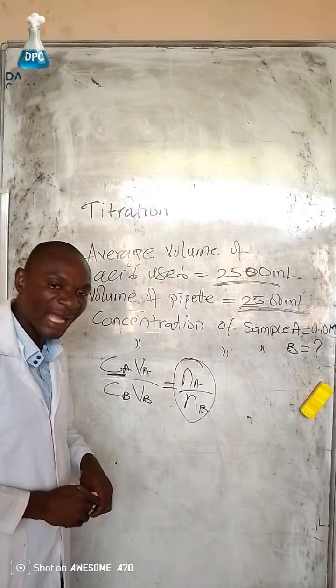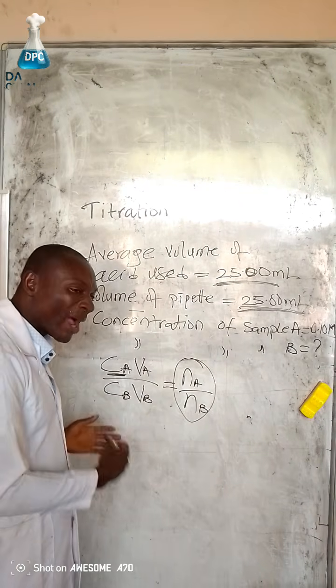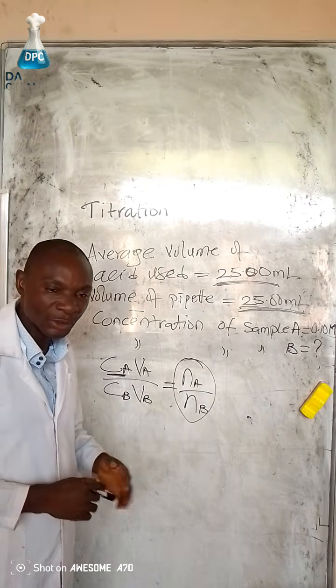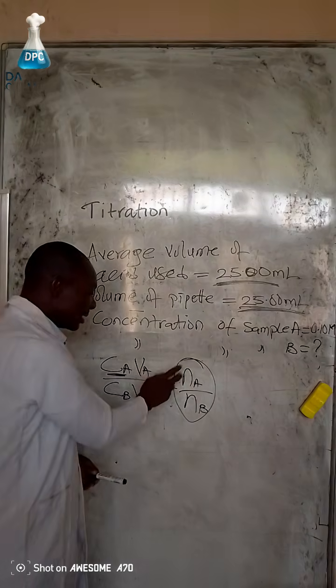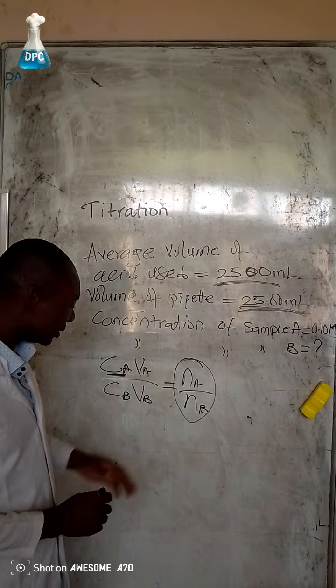You must know the reactants and their chemical formulas, and then you write a complete balanced chemical equation. With that, you are able to determine the Na and Nb values.